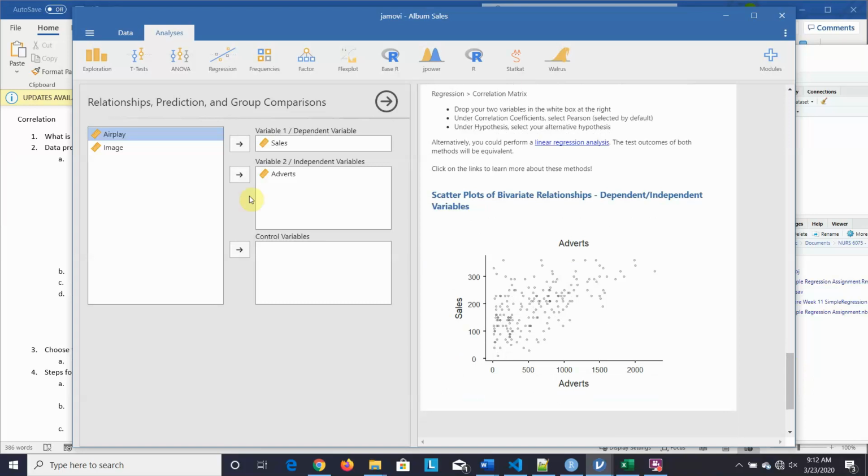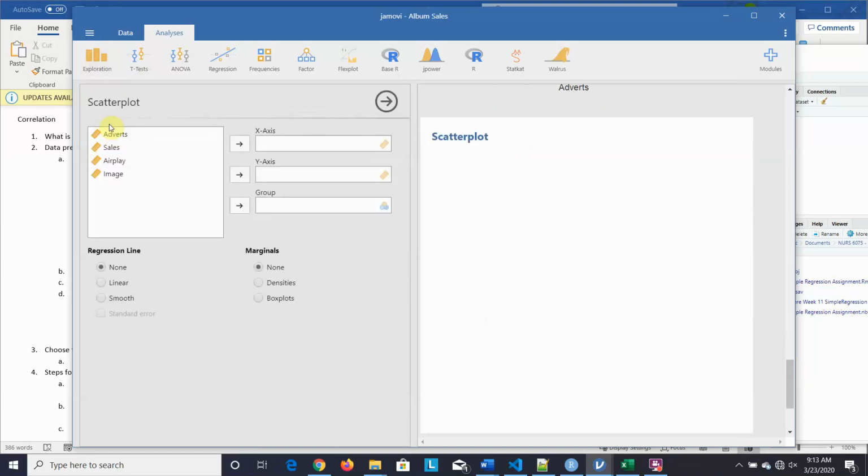When we have variables in and we're going to do a regression, we really want to look at scatter plots first. Since we have a continuous predictor and a continuous outcome, that's a continuous independent variable and a continuous dependent variable, we're just going to run this one scatter plot.